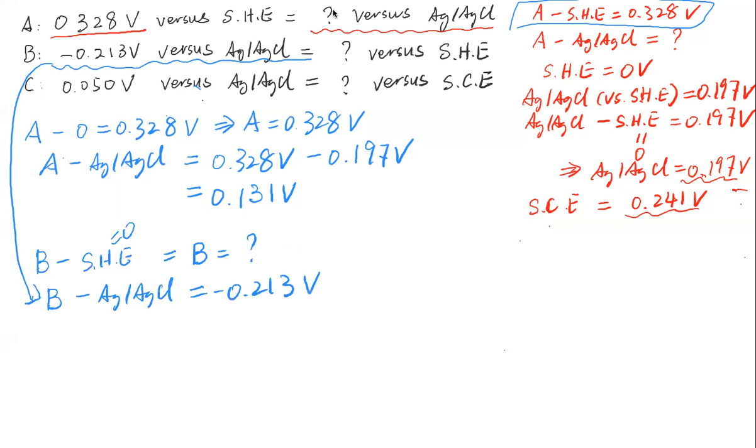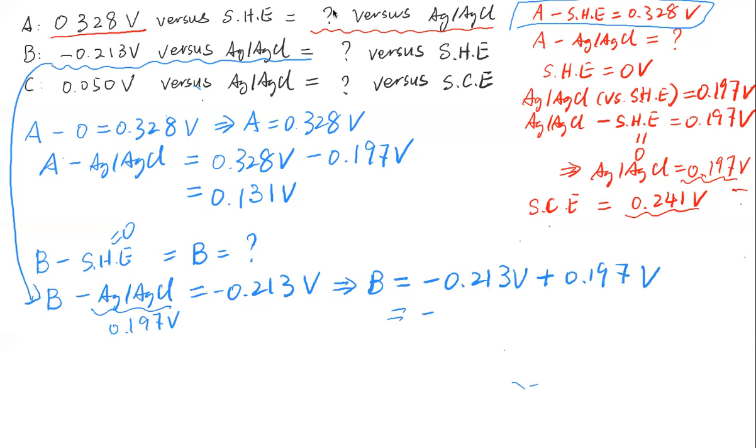And we do know that silver chloride is 0.197 volts. So B will be negative 0.213 volt plus 0.197 volts. You just do the calculation, which will give you negative 0.016 volts. That's the second situation.